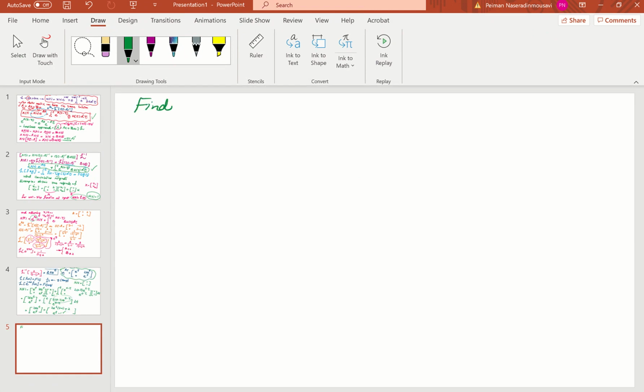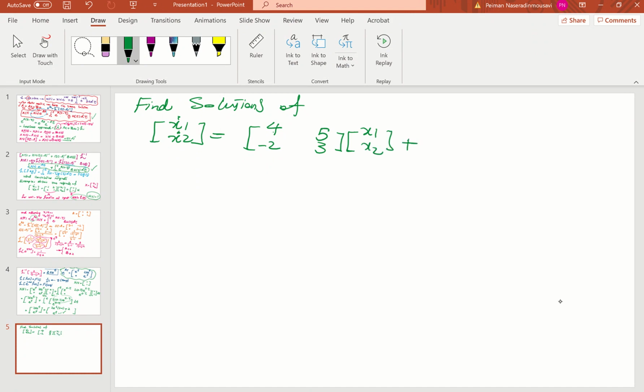Find solutions of the following state space equations. x dot 1, x dot 2 is equal to the A matrix 4, 5, minus 2, 3, times x1 and x2, plus the single-input system, 2, 0, and u.